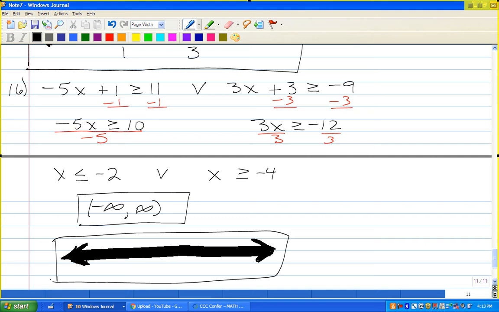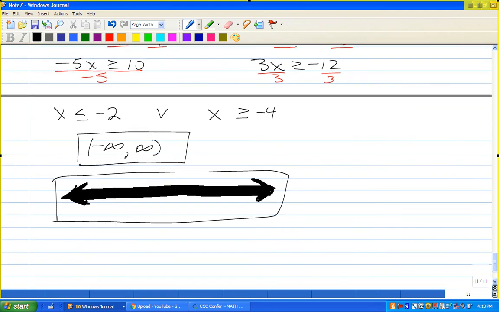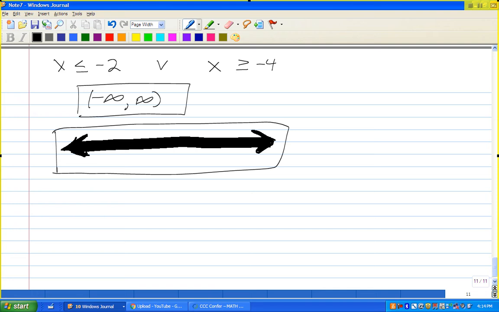Okay, so let me do problem number 17. Solve the absolute value equation. Absolute value of 3x plus 2 plus 8 is equal to 12.